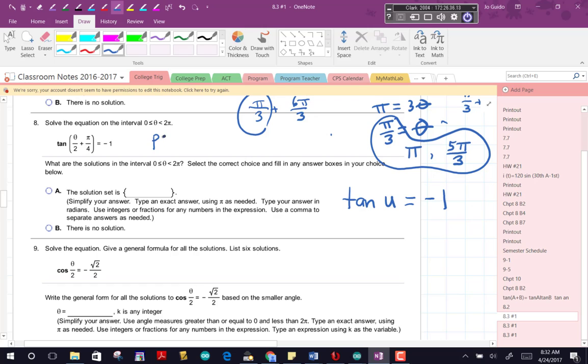How am I going to figure out my period? Pi over, really it's kind of 1/2 times theta, so it's 2 pi over 1/2, or 4 pi.